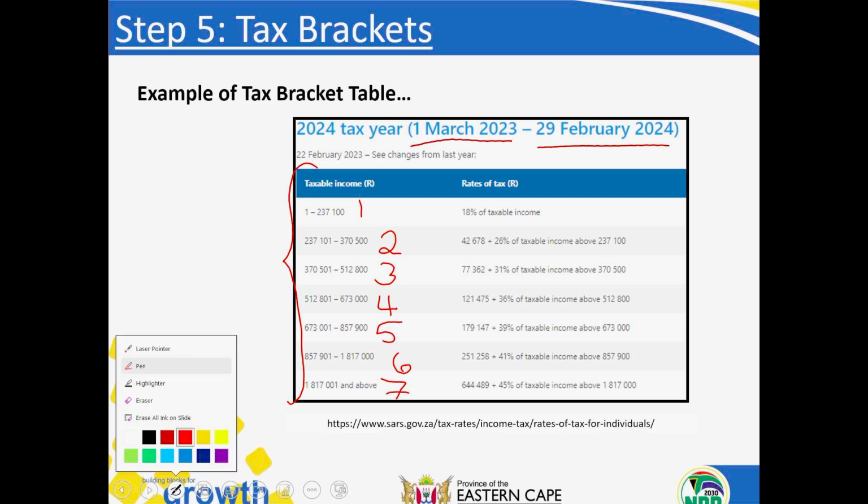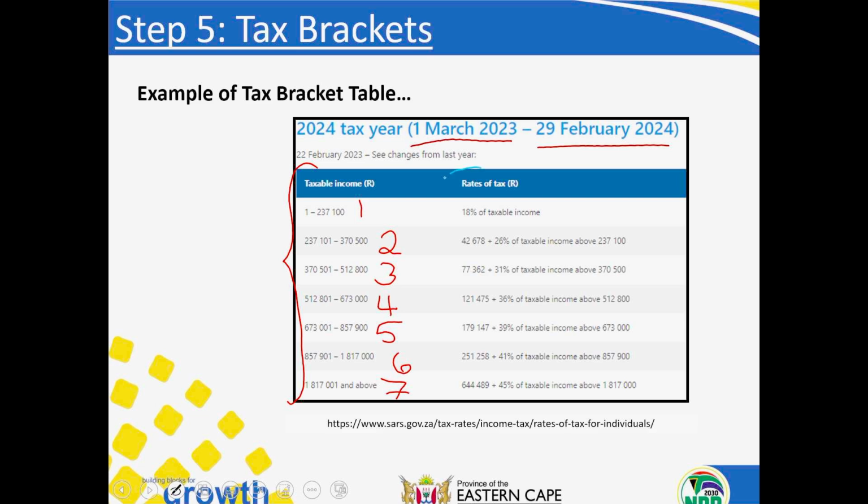You will then see in the next side, we have rates of tax. So do not confuse tax brackets and tax rates. If a question asks for a tax bracket, you look in the first column. If a question asks for tax rates, you would look in the second column.